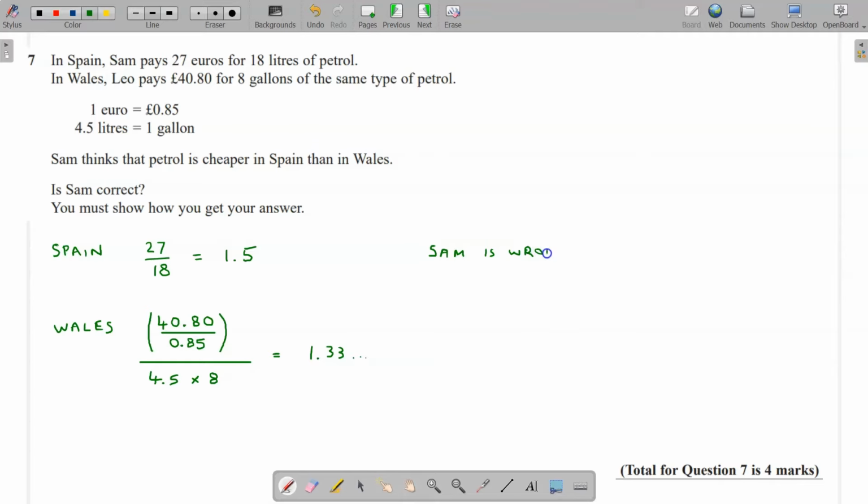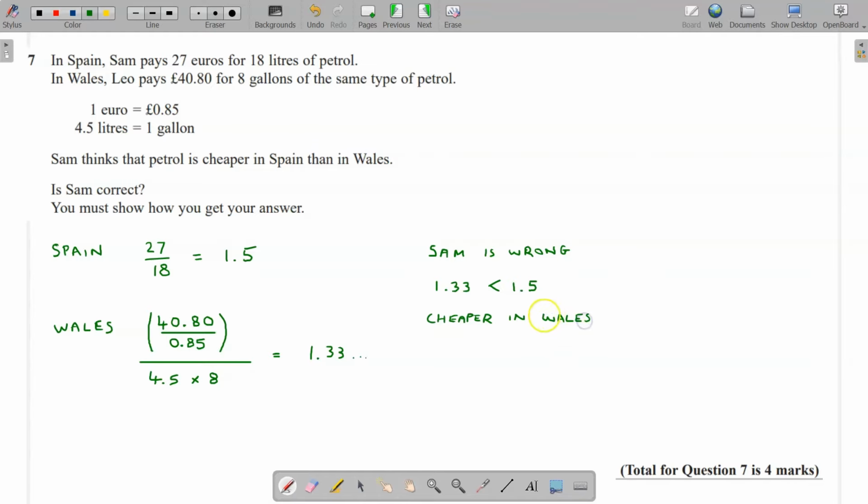And the reason he's wrong, stating the obvious really, is that 1.33 is less than 1.5 and therefore cheaper in Wales. And that will answer the question and get you all the marks.